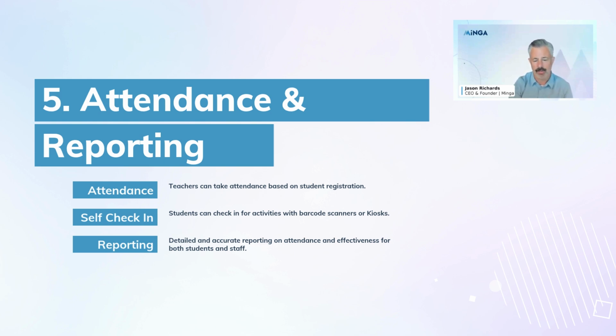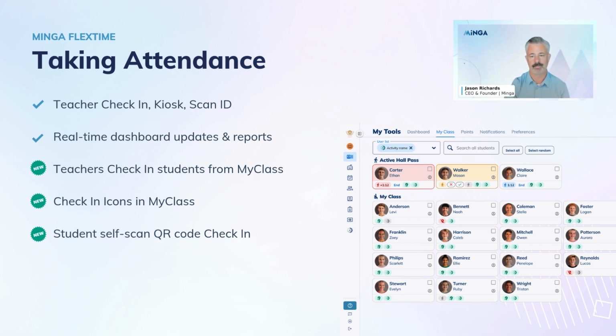And now the reporting and data around accountability is so important. So for a teacher, if it's the teacher running the activity, they're going to pop into My Class. They're going to see this highlighted for them on their schedule that there's a flex period today. The activity they have in the flex period, they just click on that. They drop right into My Class.